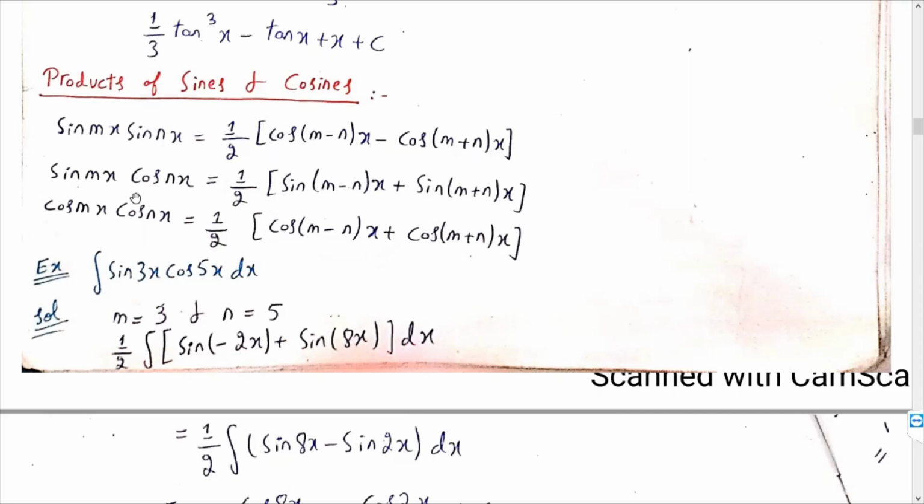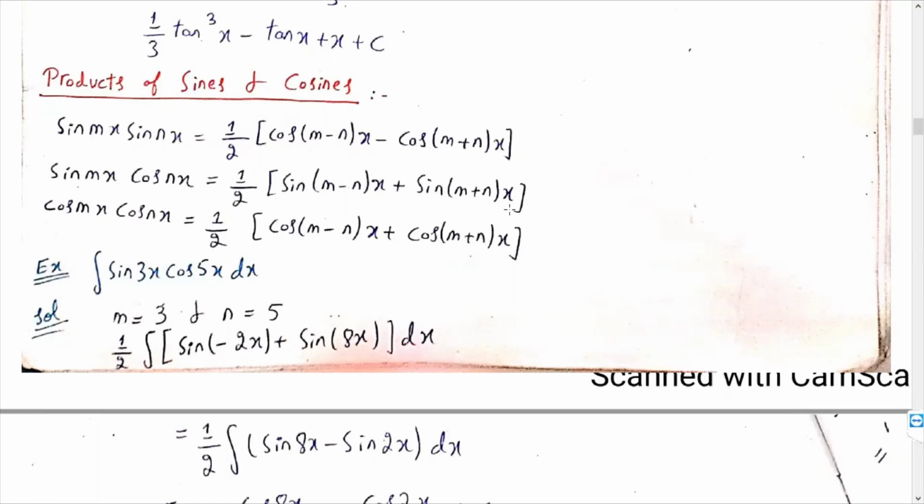And if we have sine of mx into cos of nx, we can apply this expression: 1 by 2 into sine of (m minus n) x plus sine of (m plus n) x. It will simply convert your expression into those functions which are easier to integrate, whose integral you can easily solve.